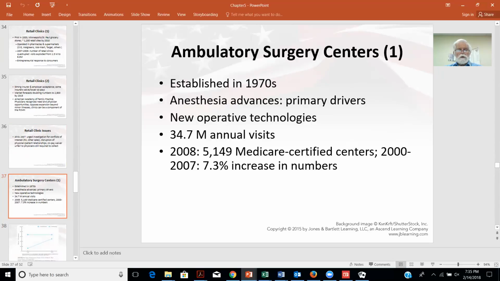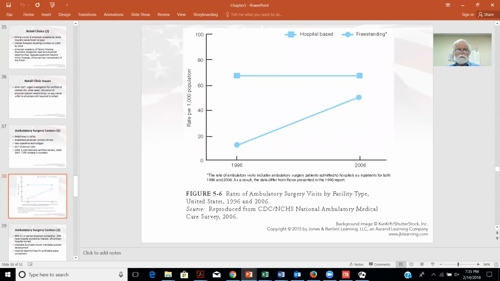Ambulatory surgery centers have been around for 50 years, almost, 45 or so, 50 years. Advances in anesthesia have really driven this. It's made it possible, and surgical techniques, new operative technologies like laparoscopic procedures and so forth, have really made it possible to go in and have a procedure done and then walk out the same day.